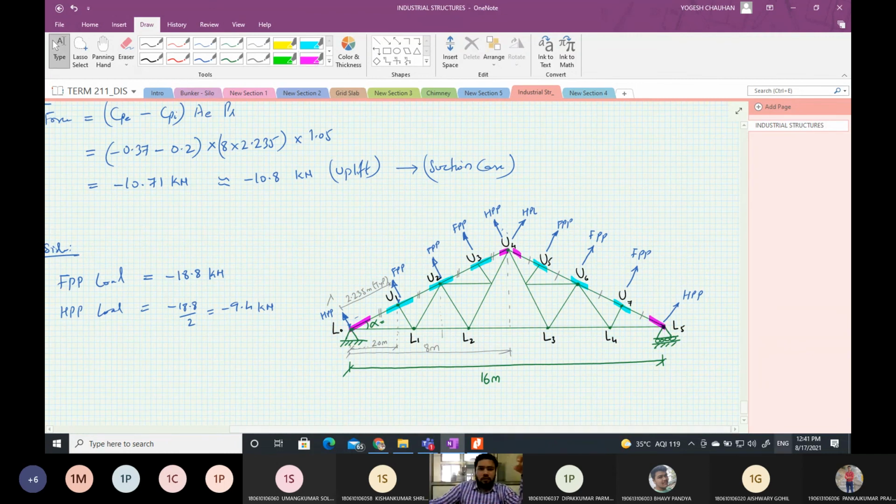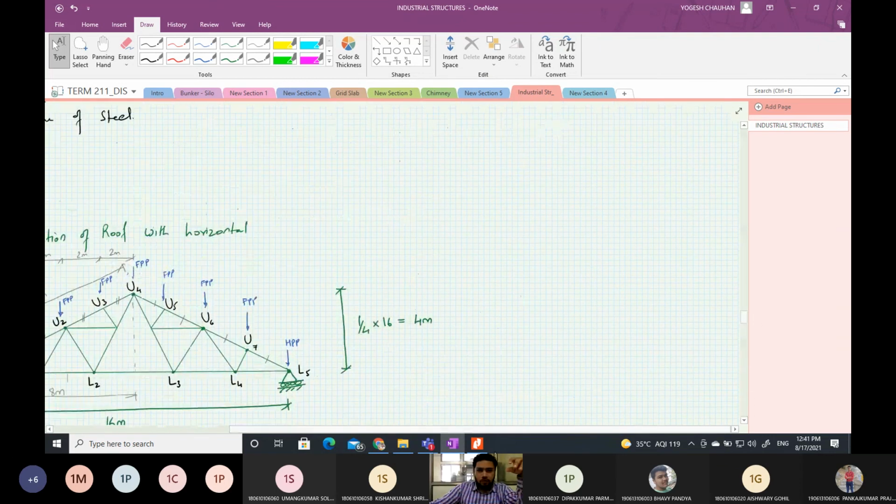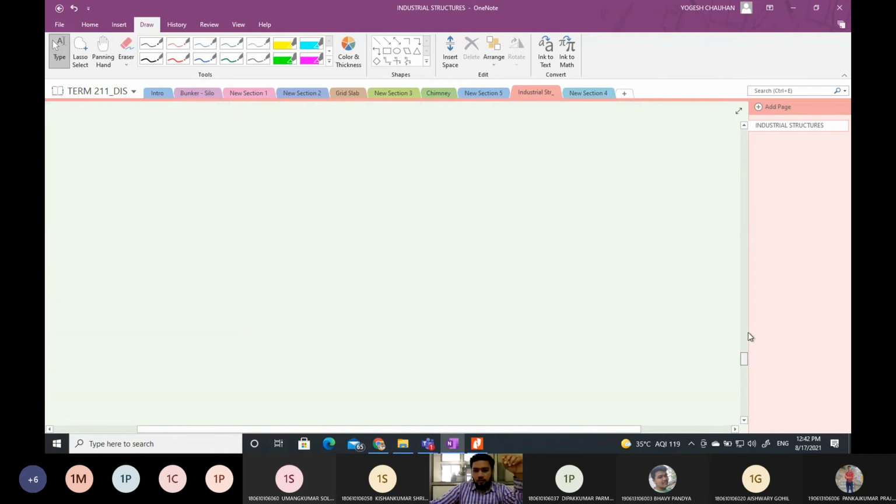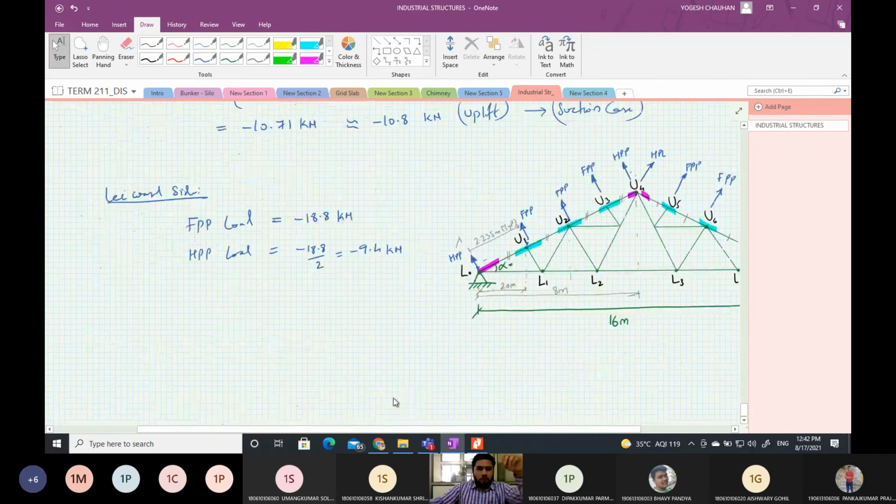Whereas in case of gravity load, that is dead load and live load, it is half load from this side, half load from this side, whereas all other panel points are full panel points. Okay, so this is for the leeward side.